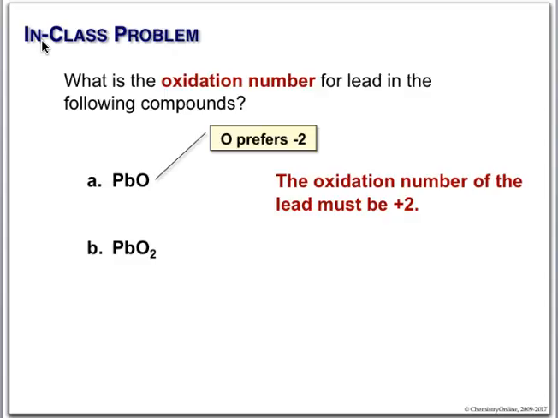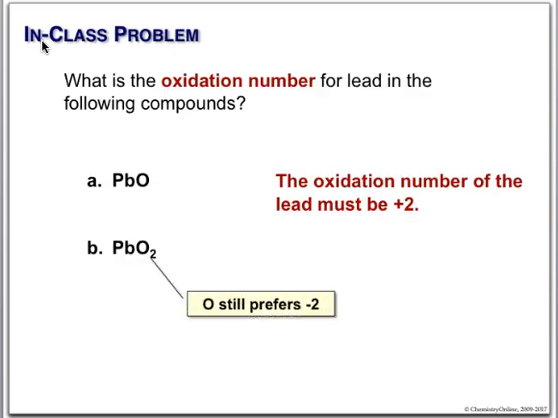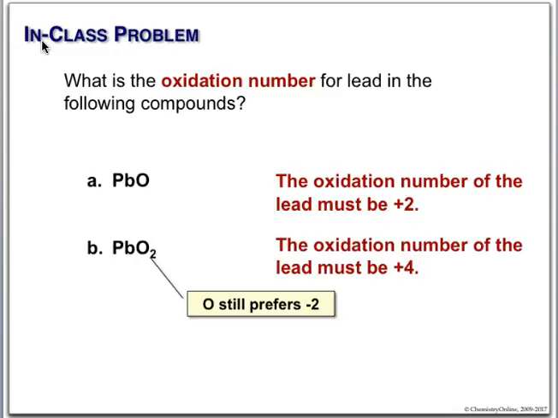I guess we write the name in the next slide, I'm sorry. PbO2. Here we have 2 oxygens. Each one is going to be a -2. So that's 4 negatives. We need 4 positives here. So that's how you can use the oxygens to simply tell what the charge is on our metal.